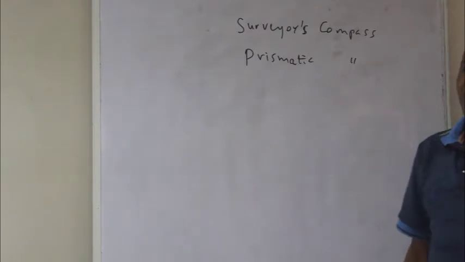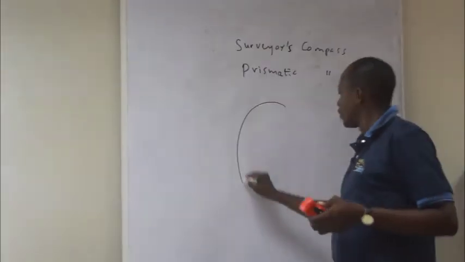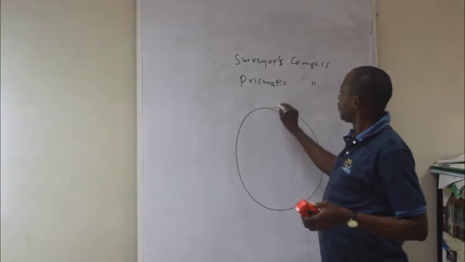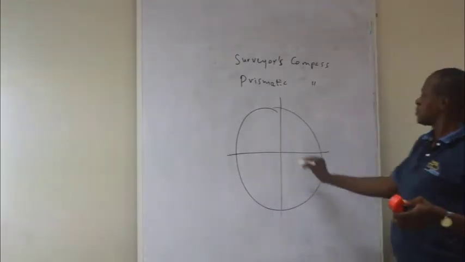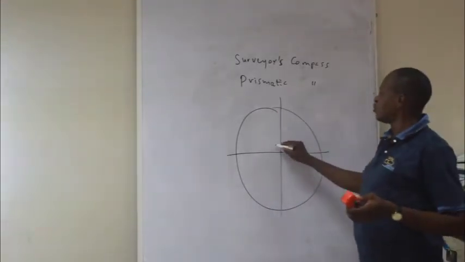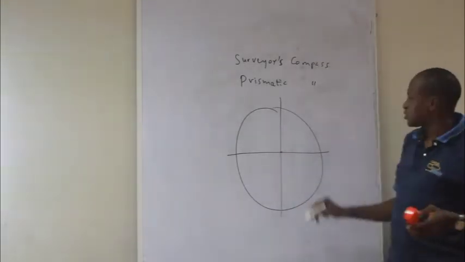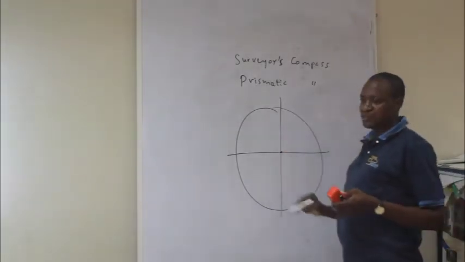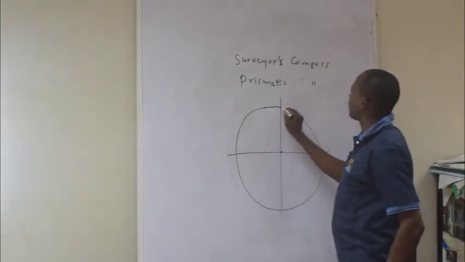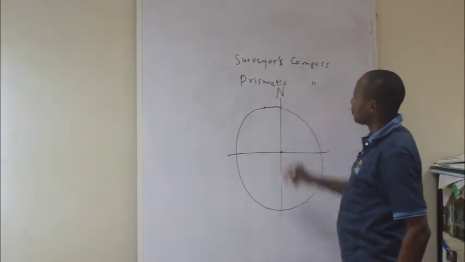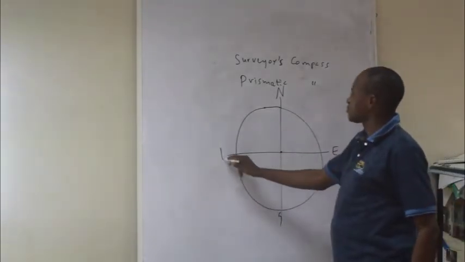A prismatic compass will measure with respect to the north. You know, when you stay at a point here and you turn, the angle at this point is 360 degrees. And if you remember our four cardinal points, we call them north, south, east, and west.